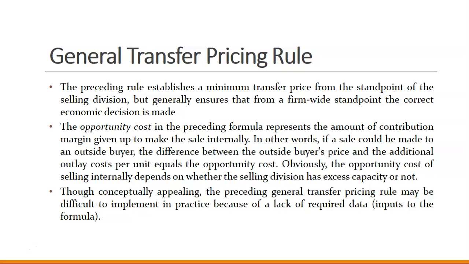So the general pricing rule is that we establish a minimum transfer price from the standpoint of the selling division, but look for the one that benefits the firm, the entire organization as a whole. We want to think about opportunity cost as it relates to the contribution margin versus selling externally or using internally.